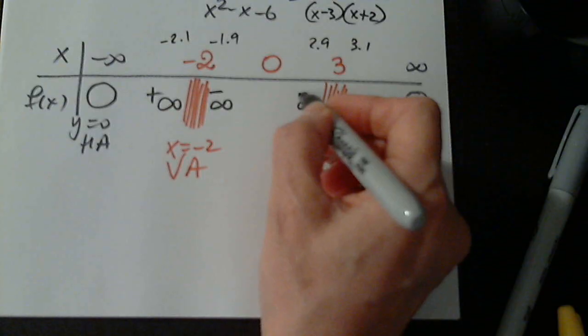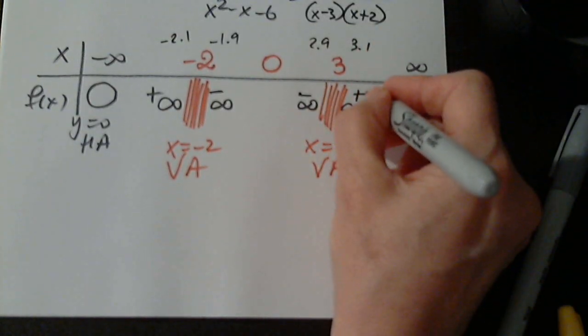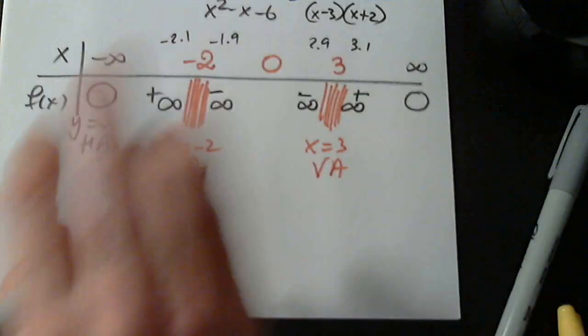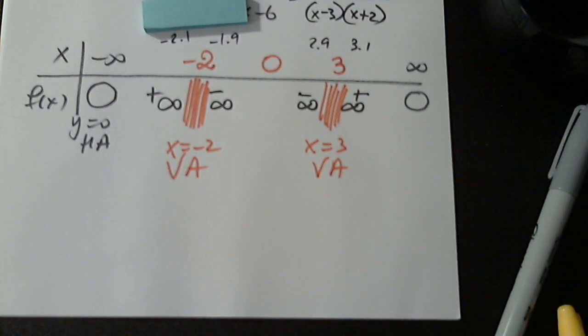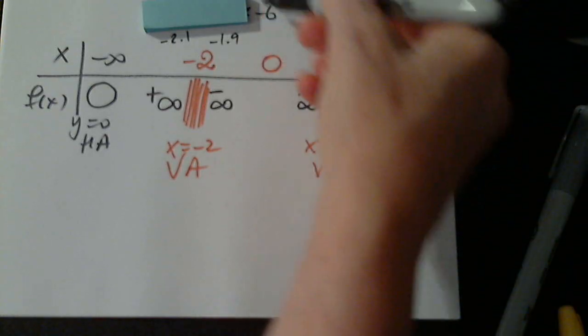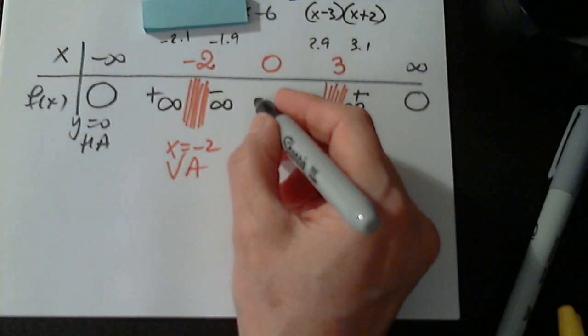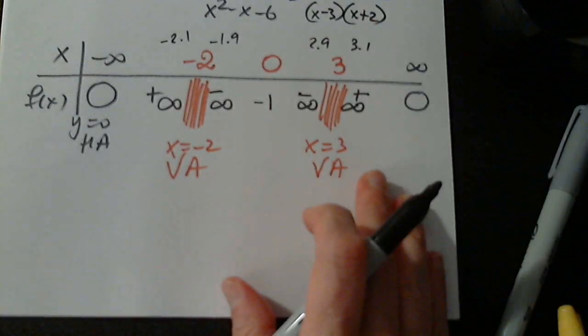Negative. Perfect. And this is positive and positive, clear. Plug in 0, please. What do we get when we plug in 0? Negative 1. That's it. We're done.